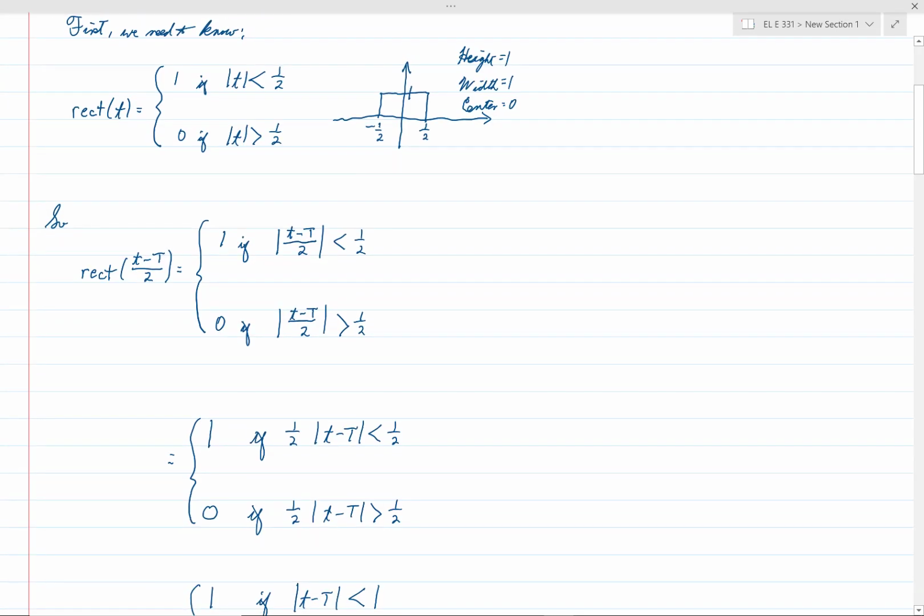And then we go to work. Well, the 2 in the bottom is a positive number, and the absolute value of any positive number is itself, so we can pull that 1/2 out in both of these expressions, and we're left with this.